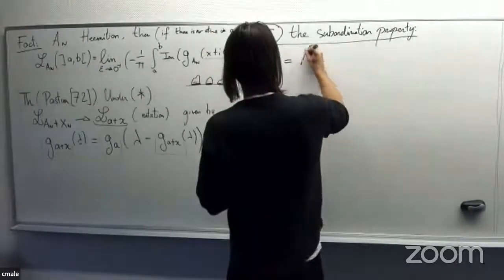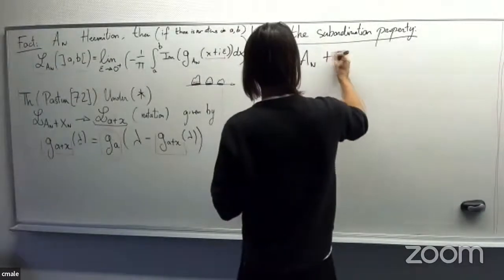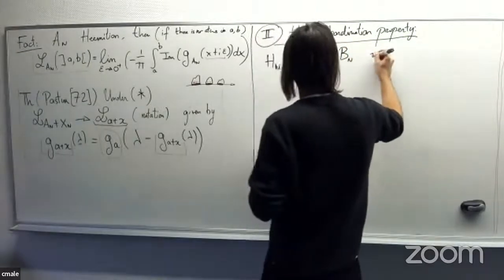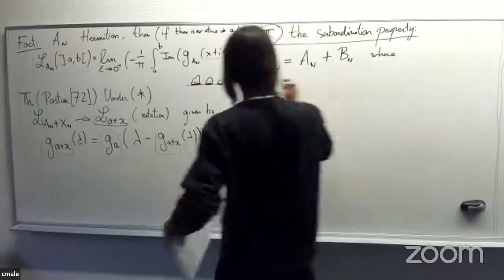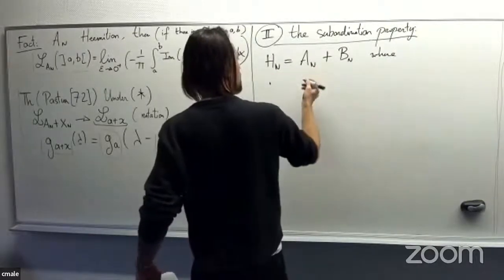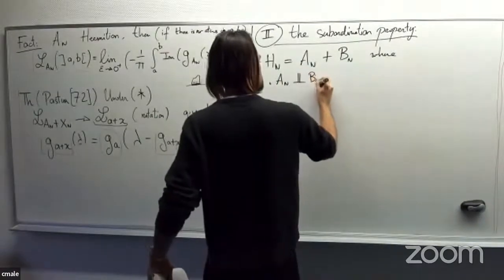So we consider now the sum of two matrices A_n and B_n, where I will assume that A_n and B_n are independent random matrices.